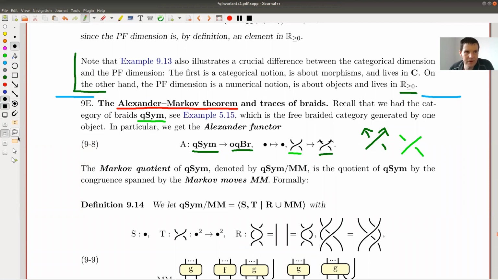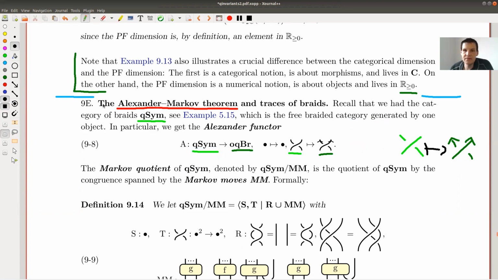Oh gosh, this is the wrong way around. Let me reorder this. You just send crossings to crossings, but just put in some orientation.